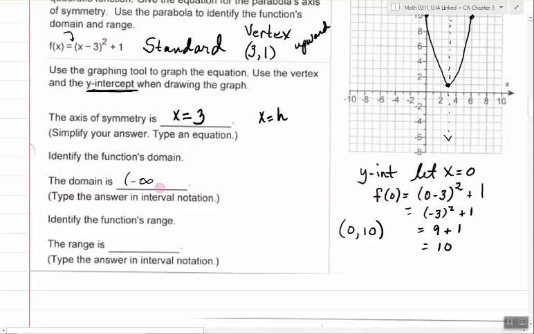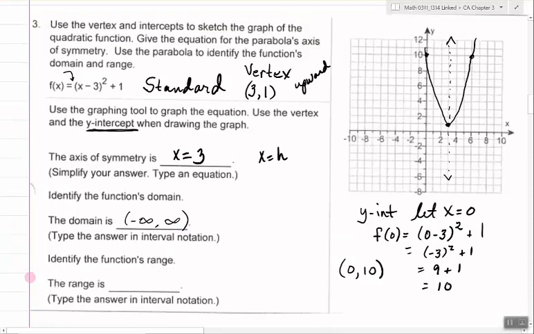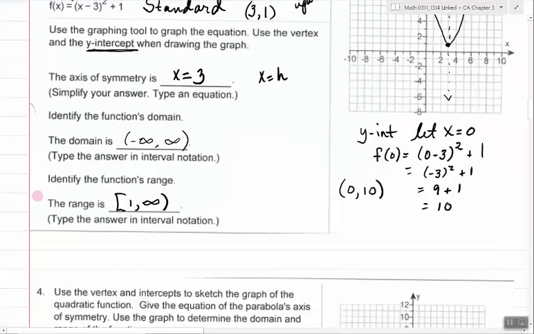It is negative infinity to positive infinity with parentheses. Now the range. The range are the y's, bottom to top. The bottommost y value is a 1. It is included. It will be a bracket 1. And it goes up on either branch toward positive infinity. So it is 1 to positive infinity. And that is that question.